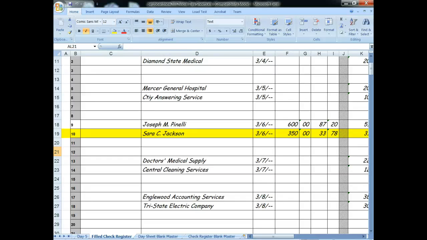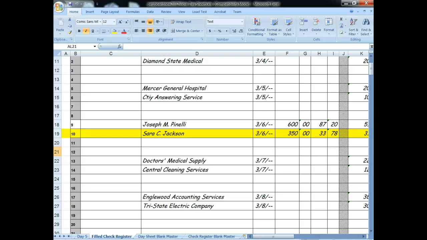Under the gross amount, you're going to put $600, and the DISC column means discount, and that's where you're going to put the $87.20. That's the amount of taxes we're taking out of Mr. Pinelli's check.